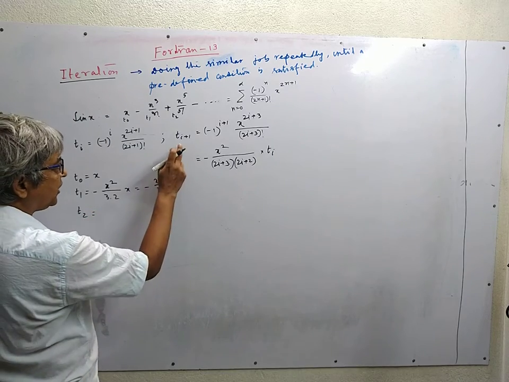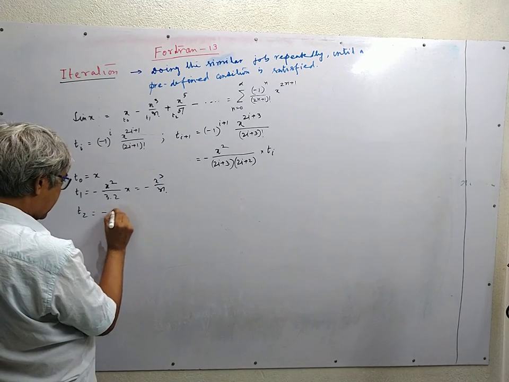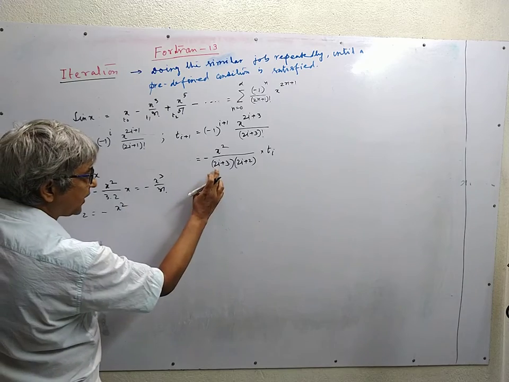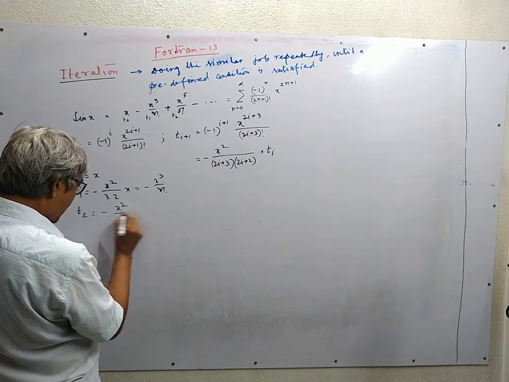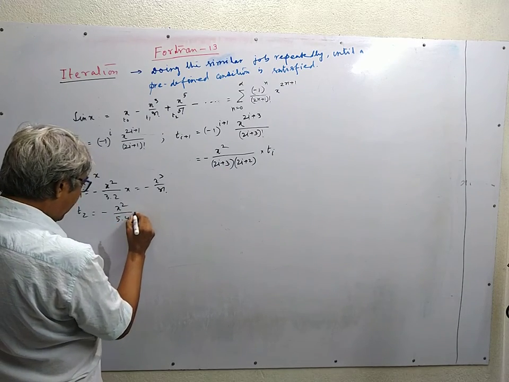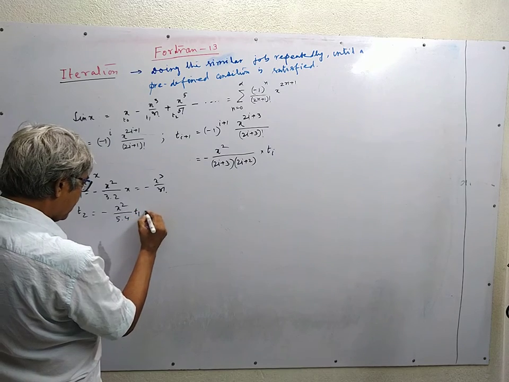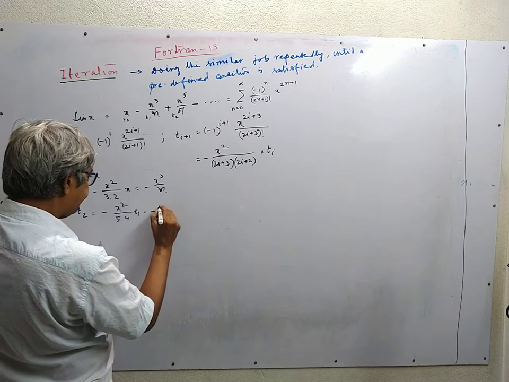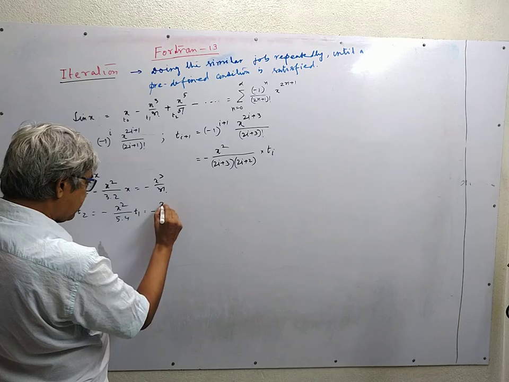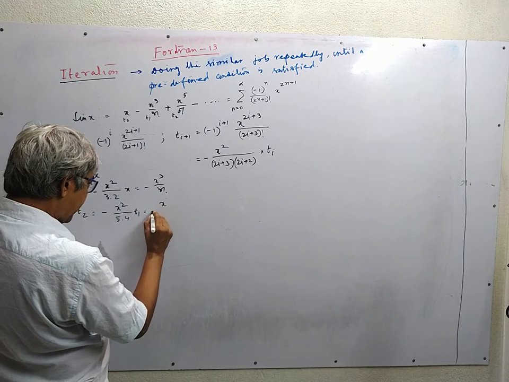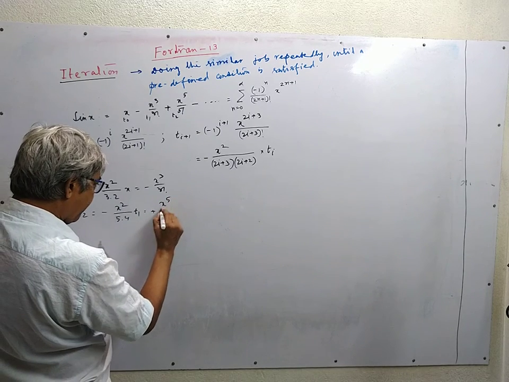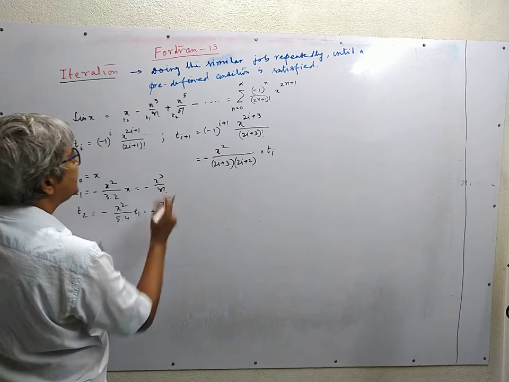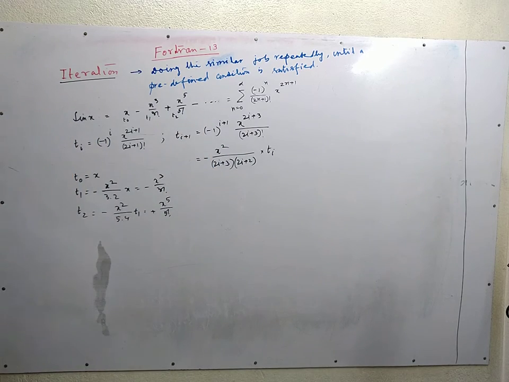For t2, i is 1, so minus x square by 5 into 4 into t1, so this is minus, t1 is minus, so plus x to the power 5 by factorial 5. The terms are generated automatically.